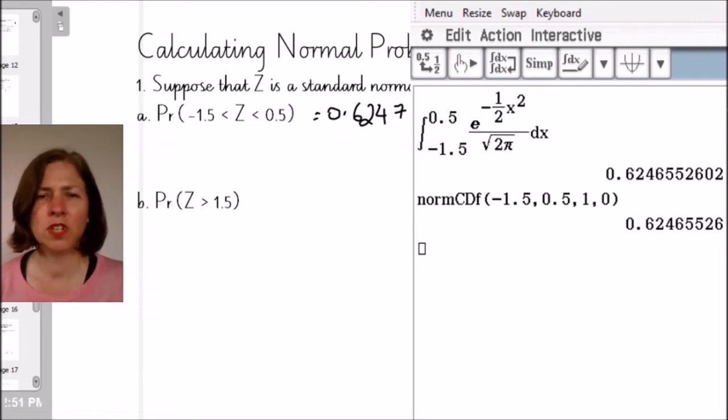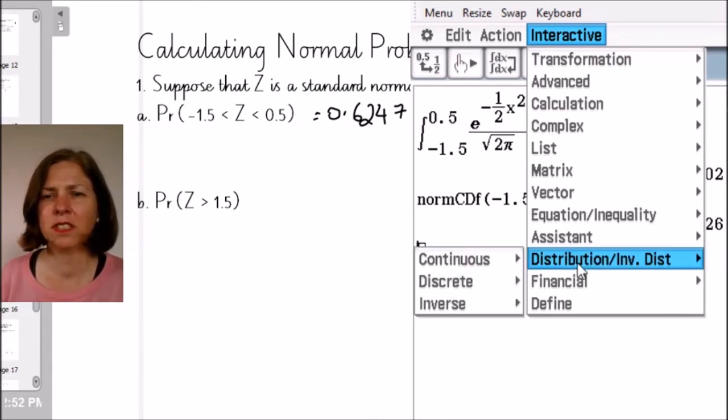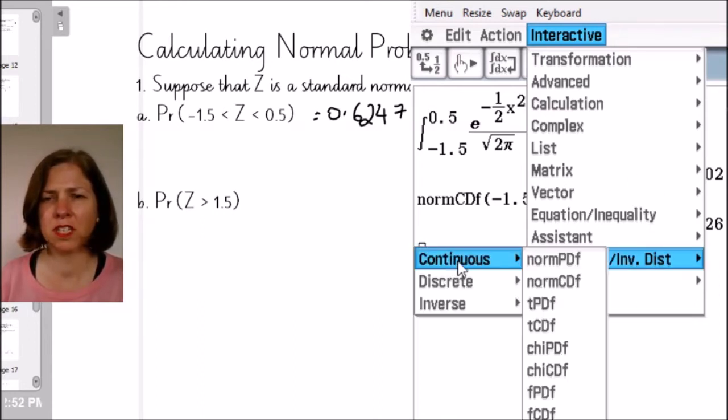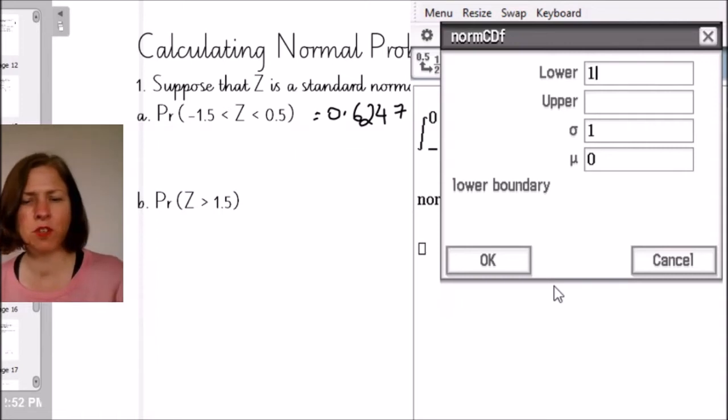So what I want to do now is look at the next example, the probability that Z is greater than 1.5. I'm going to do exactly the same thing. Interactive, distribution, continuous, normal CDF. Now it's greater than 1.5, so 1.5 is my lower boundary.